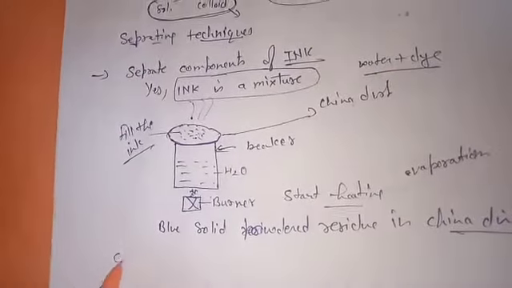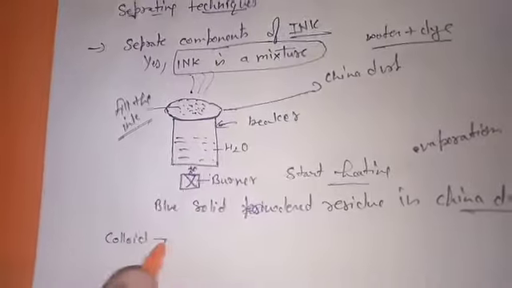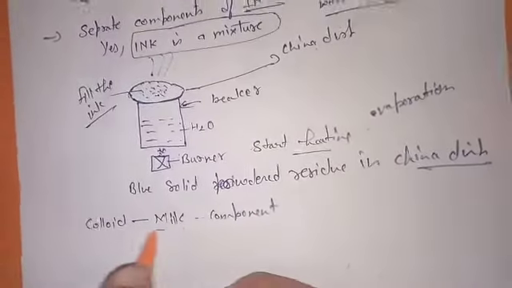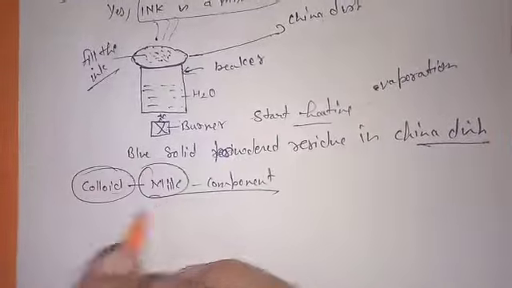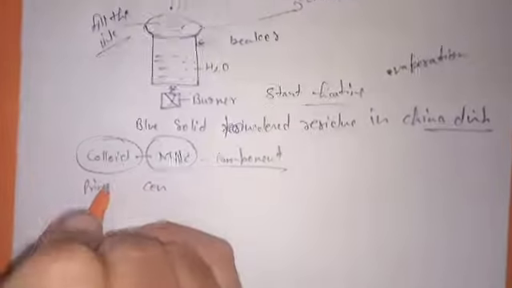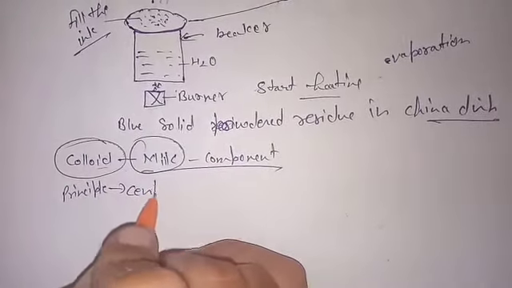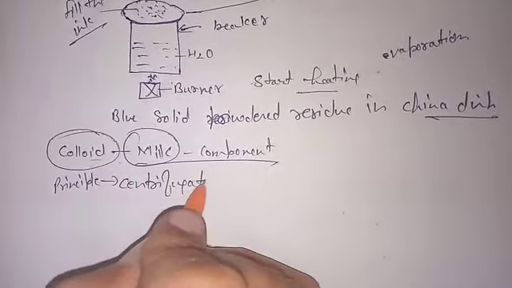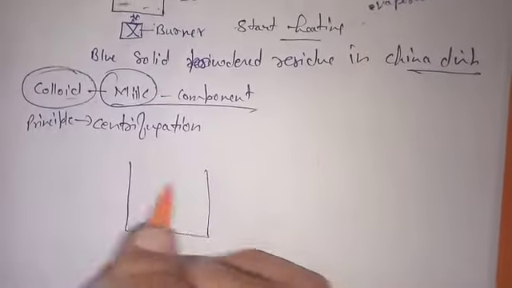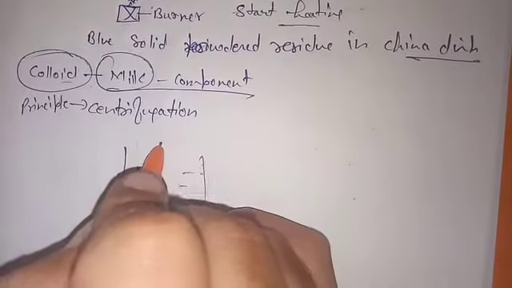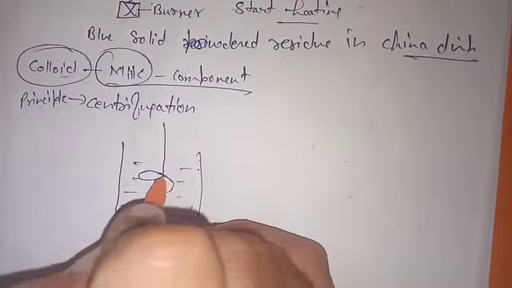Now second, we will discuss separation of a colloid, particularly milk components. For separating milk components, we use the process of centrifugation. You will take a container of milk and a centrifugation machine.